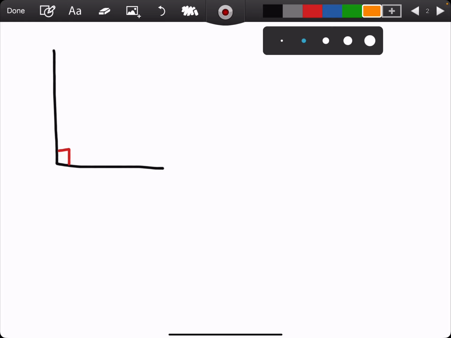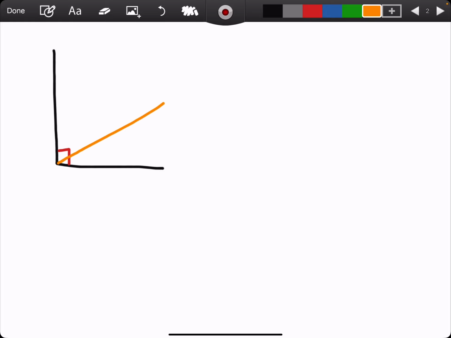So let me give an example here. So here we have a right angle, okay? You will see that little square in the corner. That means it is a square angle, so this angle equals 90 degrees. If I know that this angle, the orange, is 40 degrees, okay? What is the other angle?